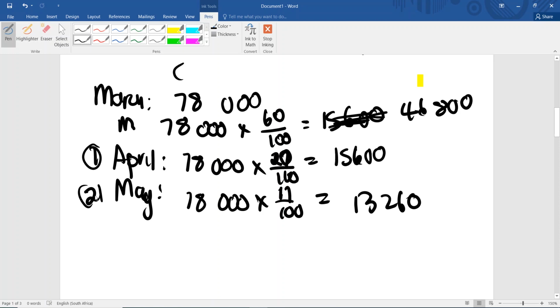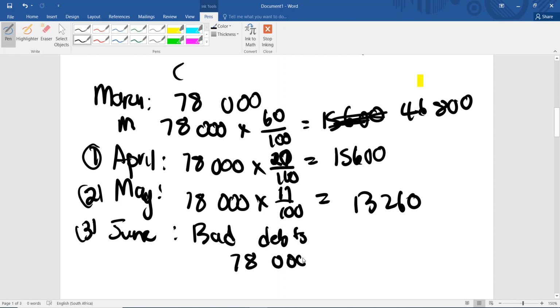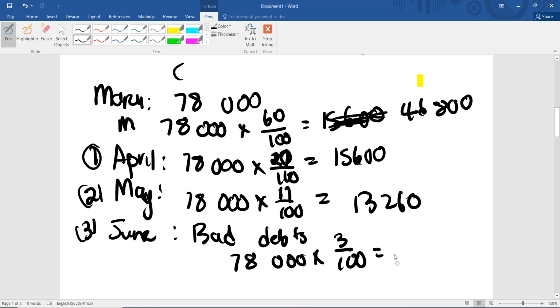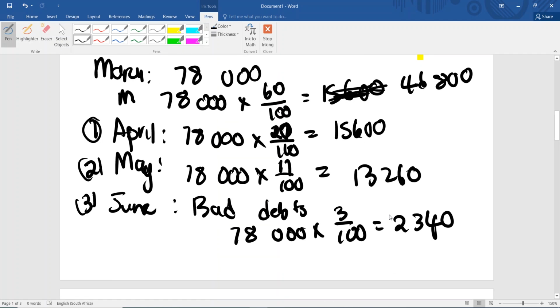So in June, that's where we're going to have our bad debts, and we're going to say 78,000 multiplied by 3 over 100, which gives us 2,340. Okay, so this is how you're supposed to do it. So please always check for such mistakes so that you can avoid them.